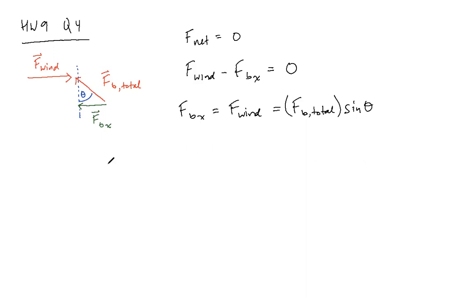And so FB total is equal to F wind divided by the sine of theta.